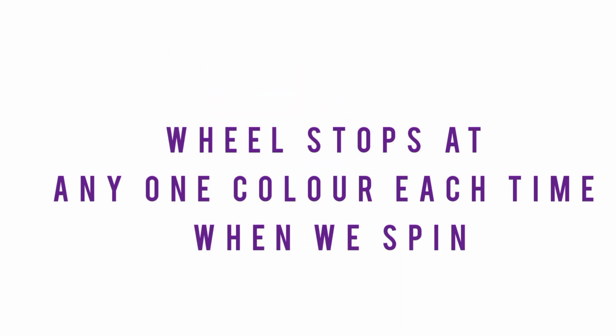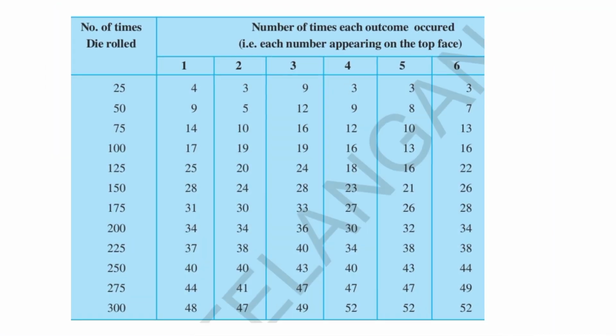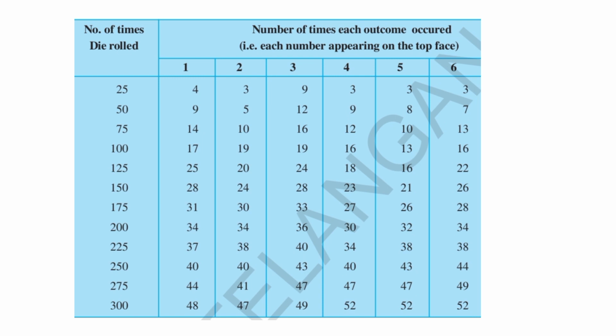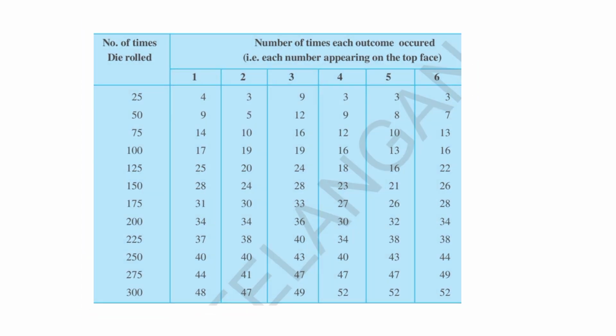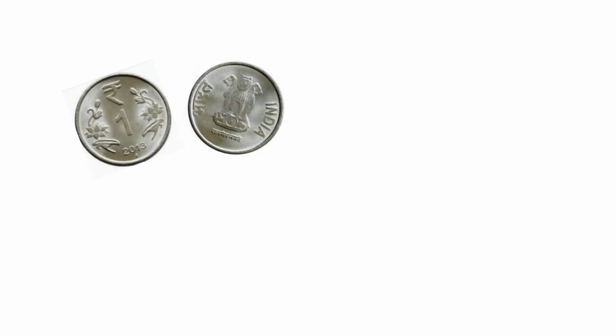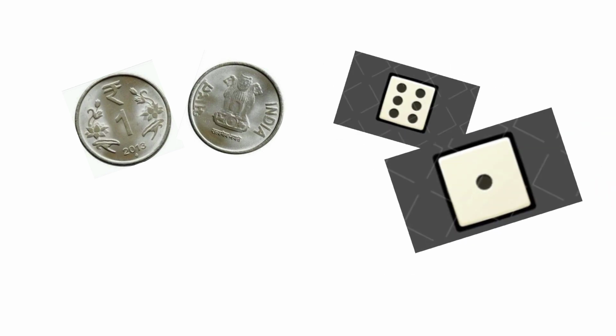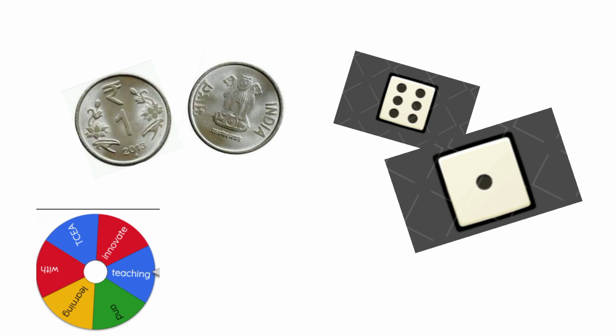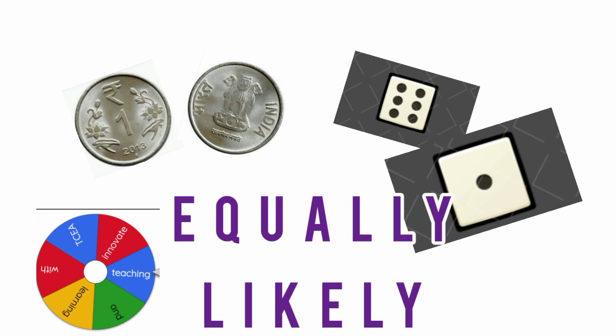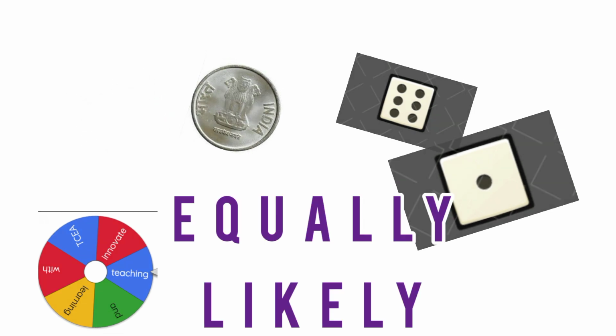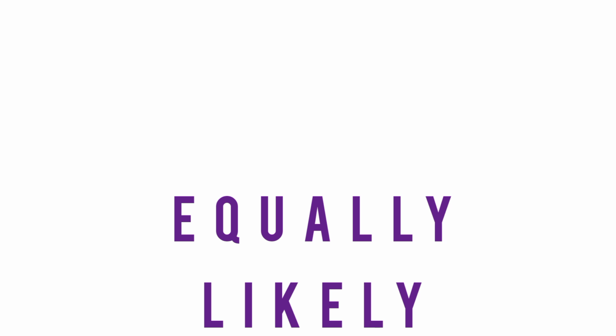When we perform these experiments many times and record it in table form, then we can conclude that different outcomes, that is head or tail or the numbers on the faces of a die or portions of the spinning wheel, are equally likely. This means each of the outcomes has an equal chance of occurring.